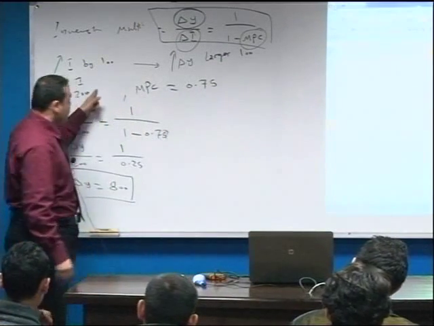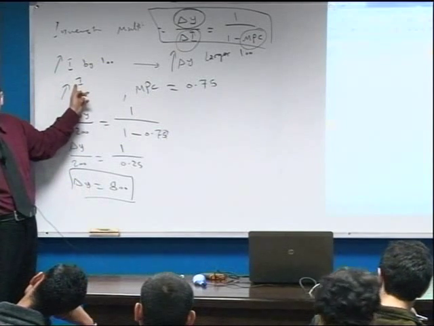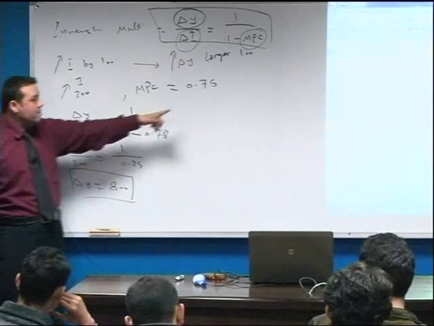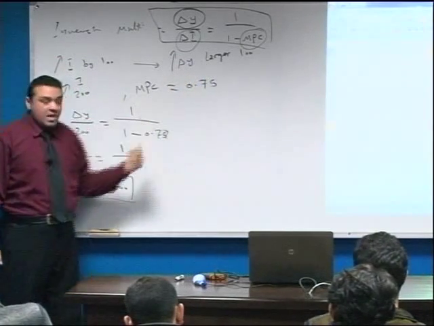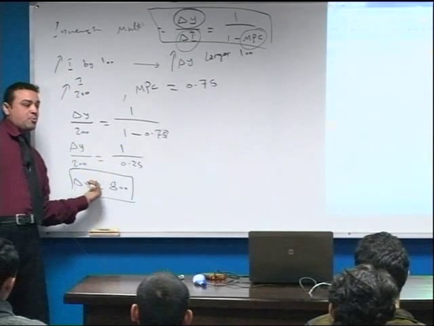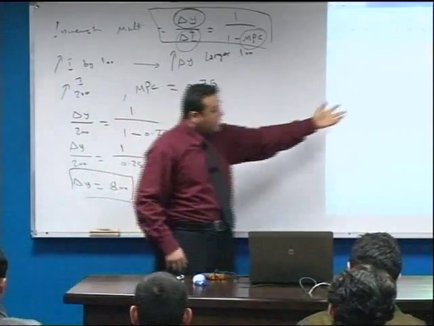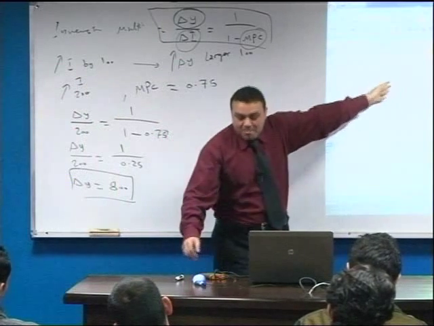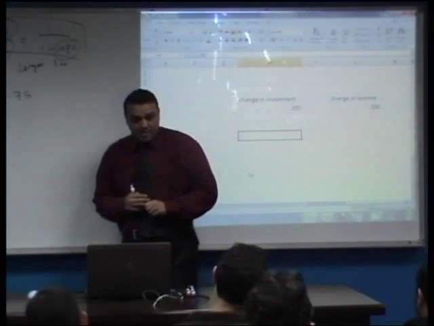If the business sector increased its planned investment by $200 million and the marginal propensity to consume equals 0.75, the change in aggregate output, or aggregate income, equals $800 million. Let's see it in Excel. The planned investment increased by $200 million. In the first stage, the aggregate income or aggregate output increased by $200 million, right?